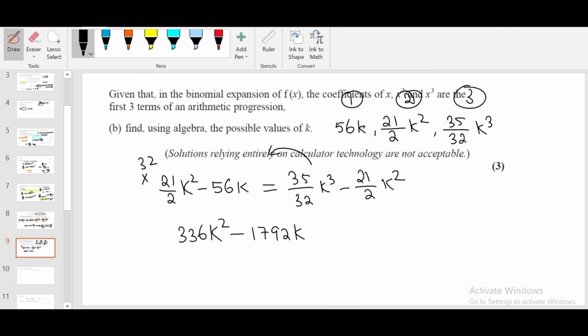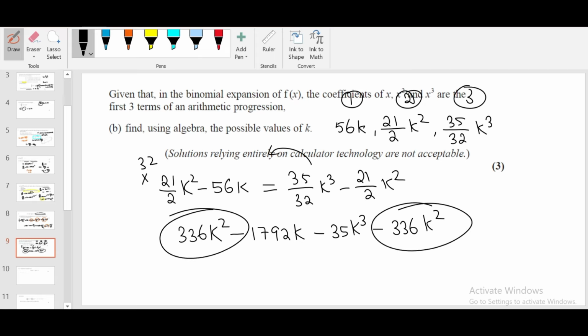Bring this term also here, minus 32k cube, minus this will be also same as this one, 336k square. These two are like terms, so this becomes plus when you bring it here, is equal to 0.